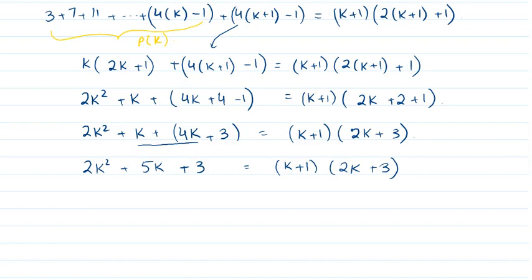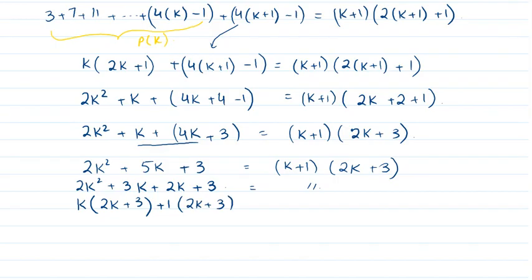Okay जी, now completing squares, this is going to be 2k square plus 3k plus 2k plus 3, and same thing here. Okay, upon taking k common, what I'm going to get here is 2k plus 3. ऐसे ही है ना, यहाँ पे अगर आप k common लेते हैं और अगर आप यहाँ पे 1 common लेते हैं तो again आपके पास ये 2k plus 3, यानी मैं इस term की बात कर रही हूँ, इसको मैंने एक तरह से collectively single term लिया यहाँ पर, वो आ जाएगा.